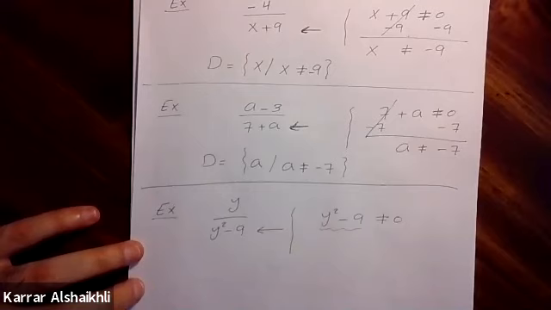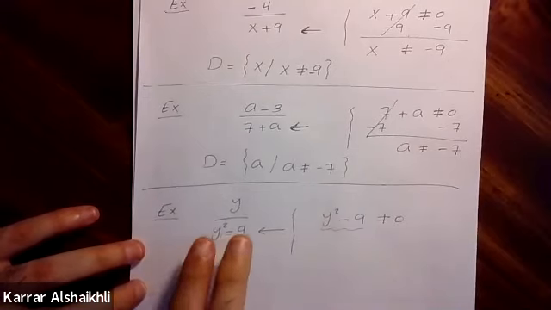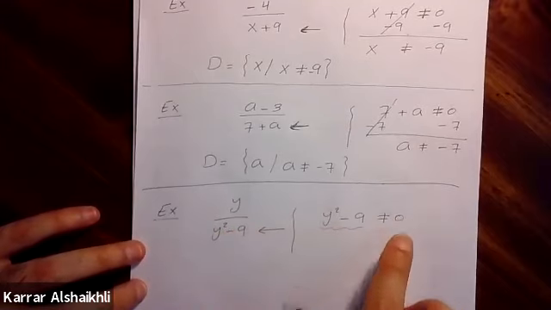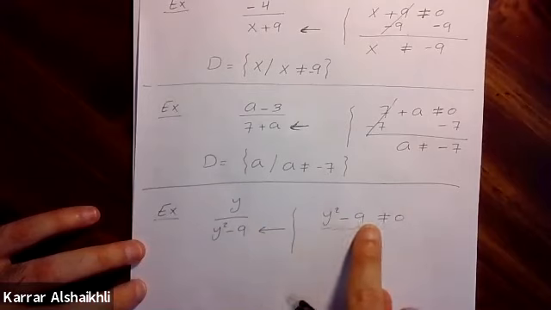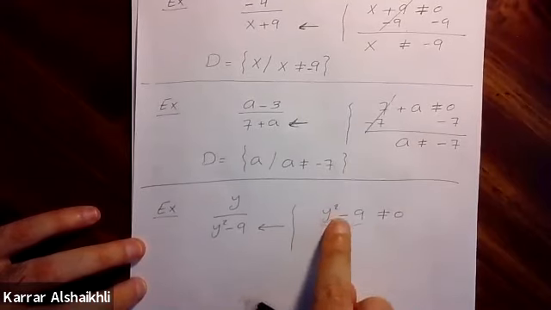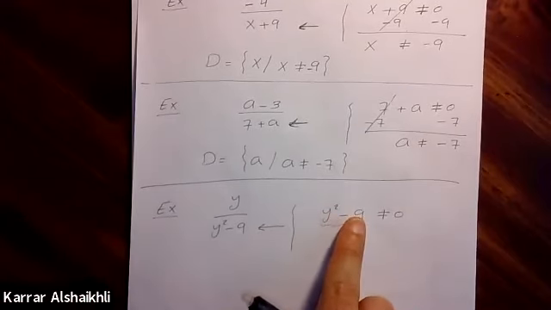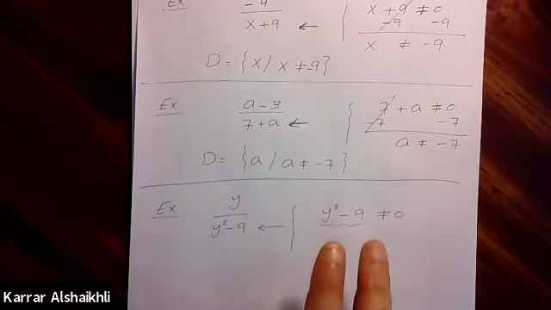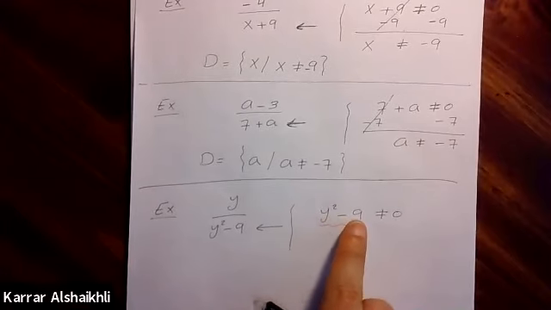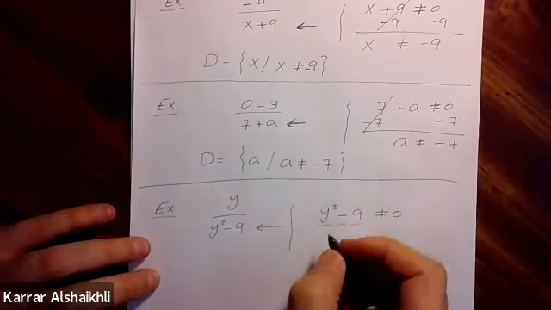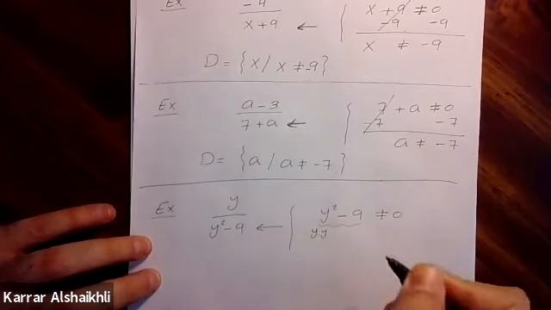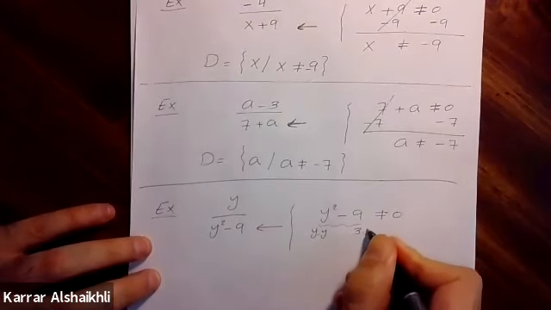So this is the third example, y over y squared minus 9. To find the domain, I'm going to take the bottom part here and say not equal to 0. Look at this part here, y squared minus 9. This is a polynomial, a binomial, and it is a difference of two squares, because y squared is y times y, and 9 is 3 times 3.